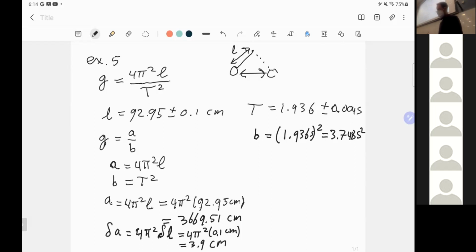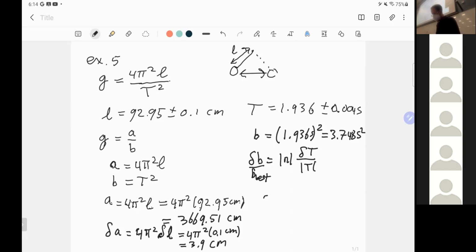And how about the uncertainty in B? Based on the formula for raising something to an exact exponent, delta B over B best is the absolute value of the exponent times delta T over T best. So the relative, fractional uncertainty in B is equal to this quantity here.